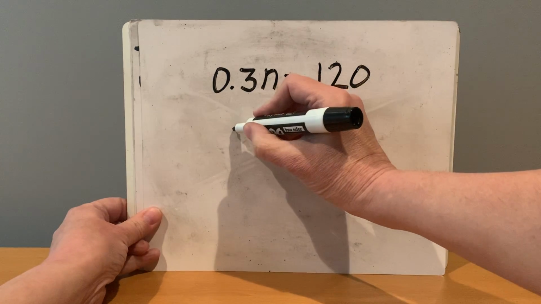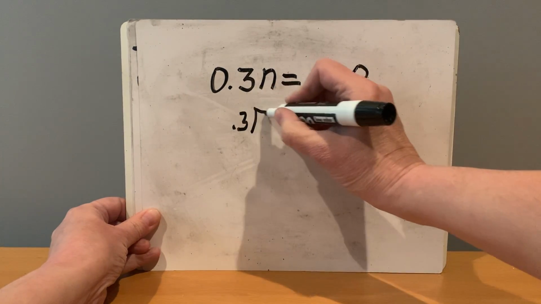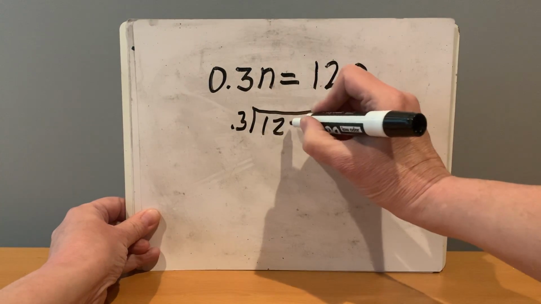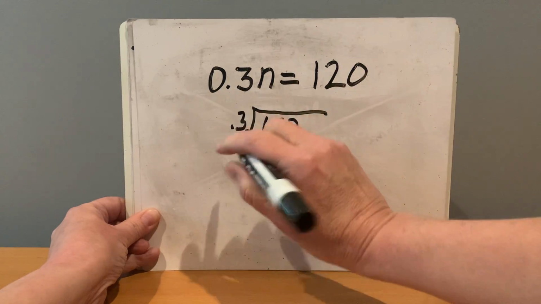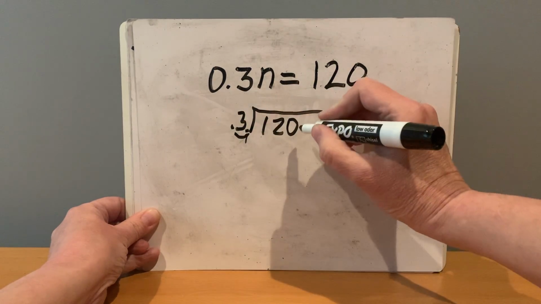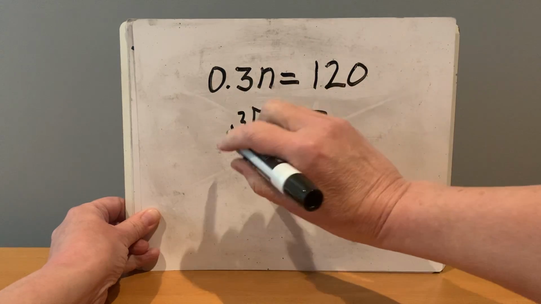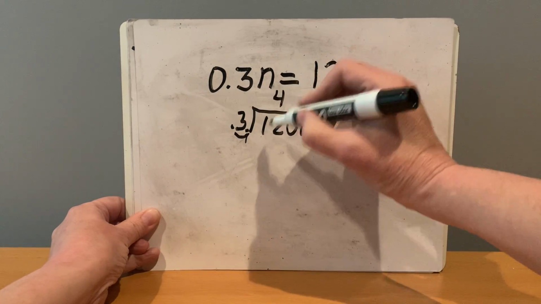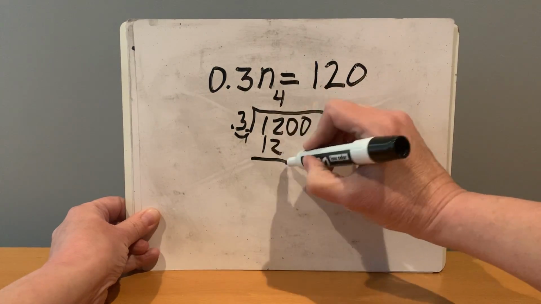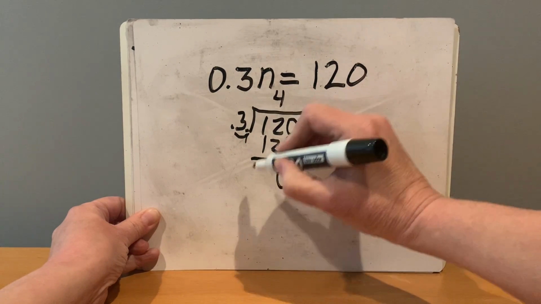Now we find N by dividing 120 by 0.3. So let's do that. Now we're going to move our decimal over one here. 3 goes into 12 4 times. Bring our 0 down.